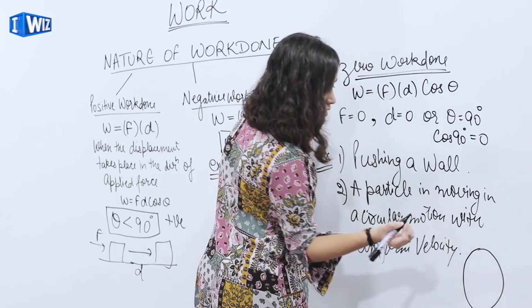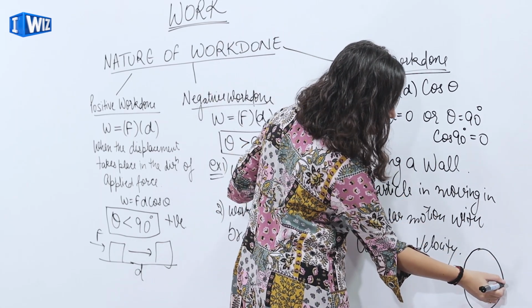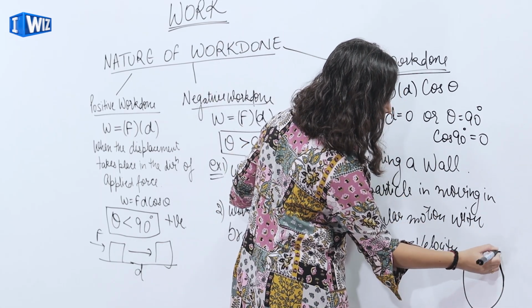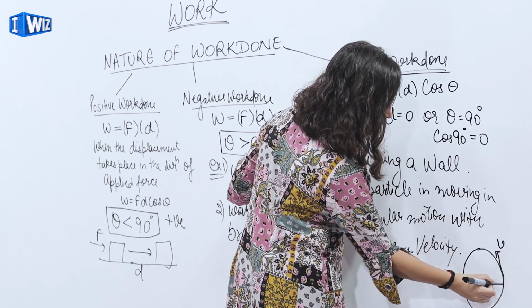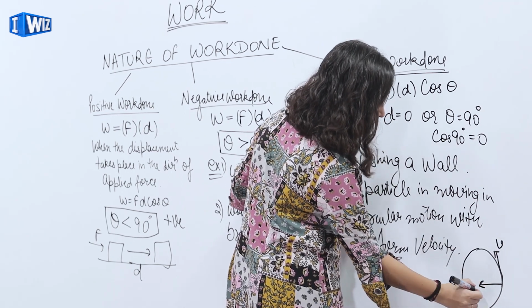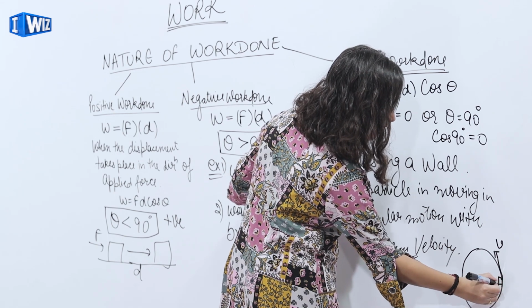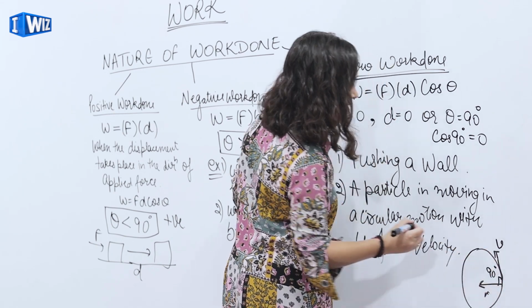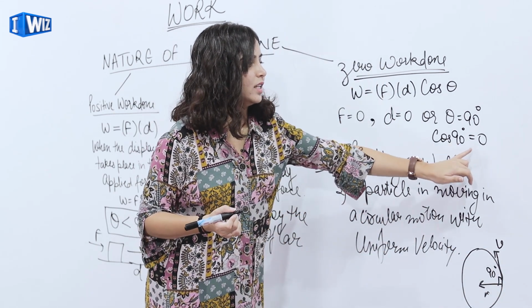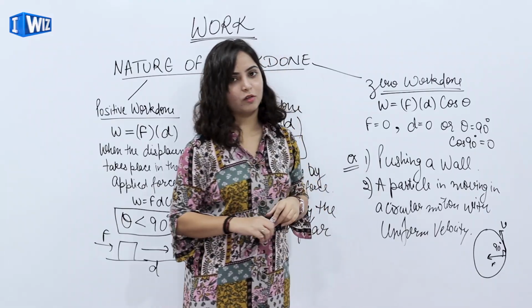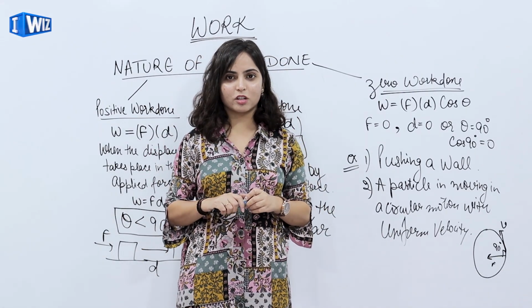The particle is moving circularly, in circular motion the velocity will be tangential, the force is inwards, so what is the angle? 90 degrees. cos 90 is 0, work done will be 0. So these were the three natures of the work done.